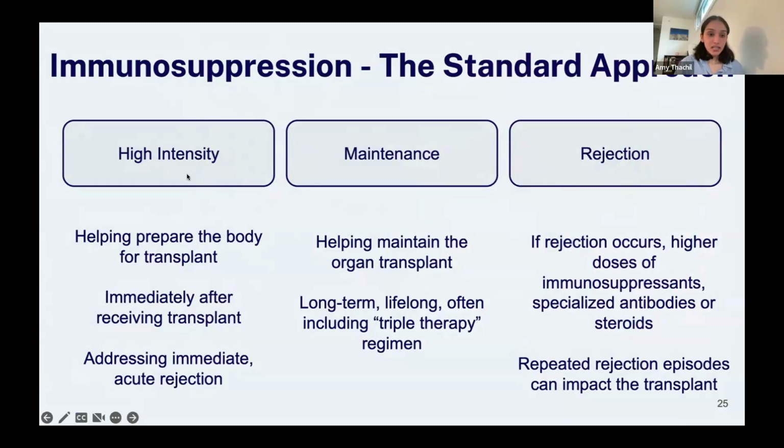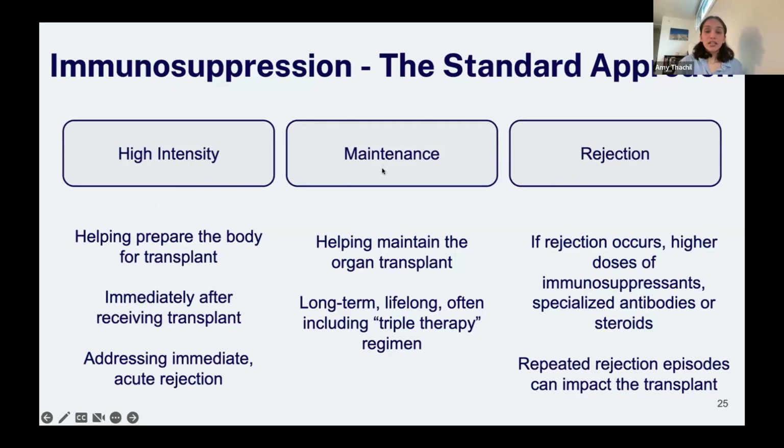So we have high intensity immunosuppression, maintenance immunosuppression, and then immunosuppression in order to treat rejection episodes. High intensity immunosuppression is given prior to and immediately post transplantation, and this is to help the body prepare for the transplant and also prevent immediate acute forms of rejection targeted against the transplanted organ.